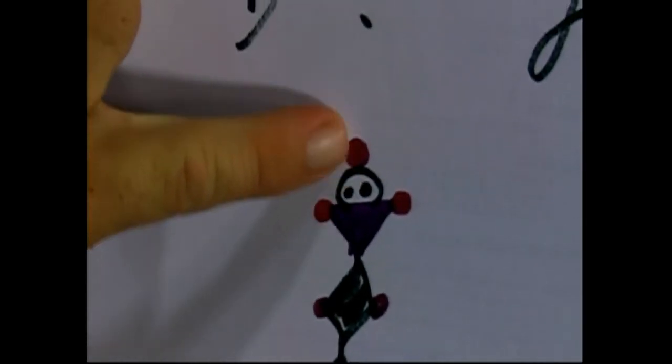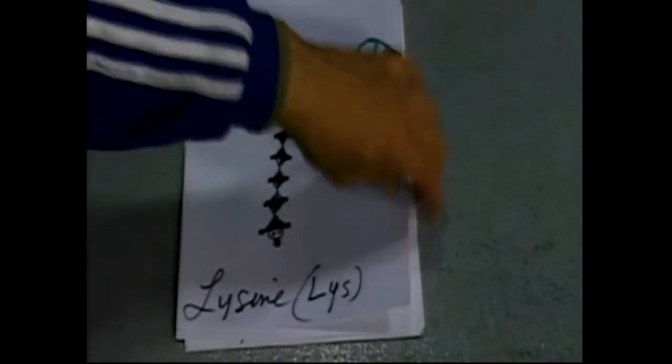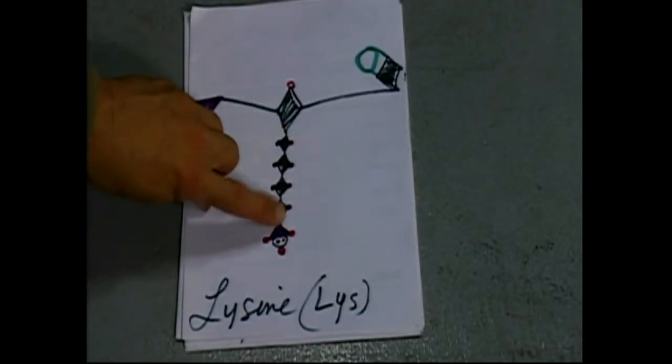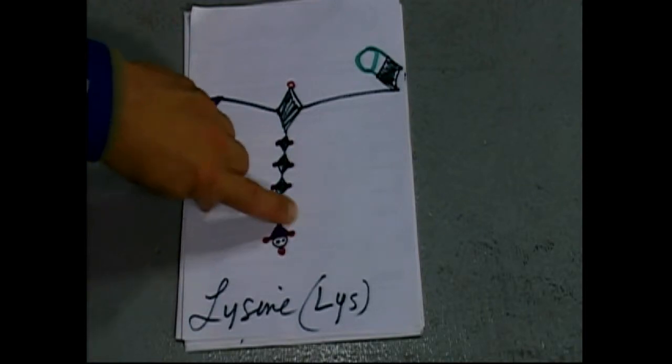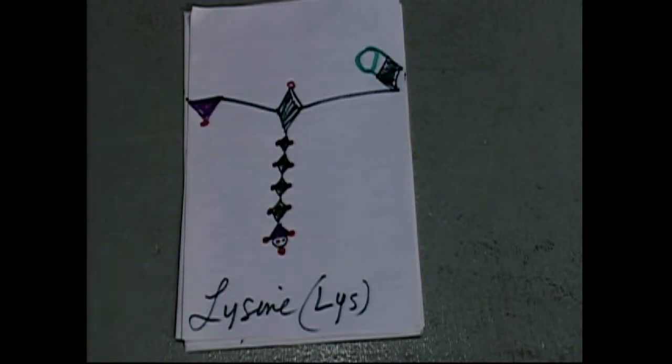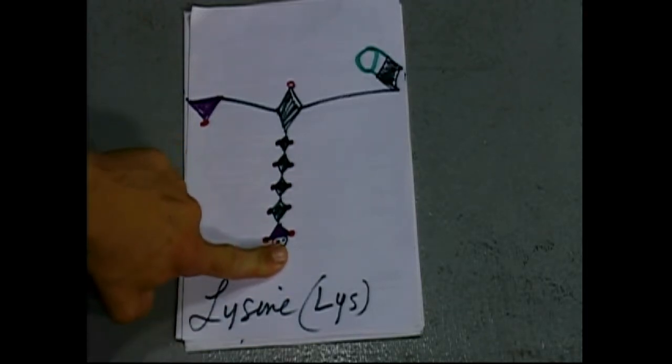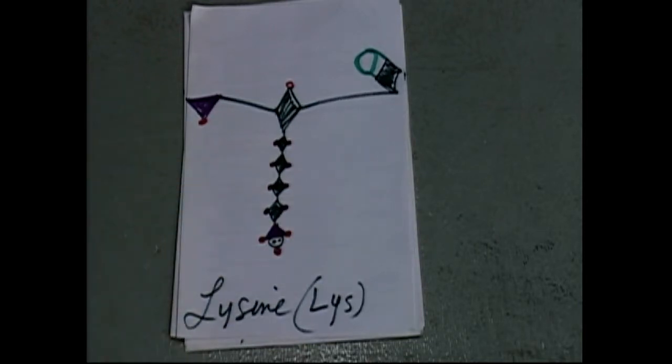That lone pair, instead of having a lone pair, has a proton on it there. So lysine is 1, 2, 3, 4 carbons off, with a nitrogen with an extra proton on there. So that's what you would call acidic. It'll give a proton up kind of easily. Then it would just be like an ammonia hanging off there.